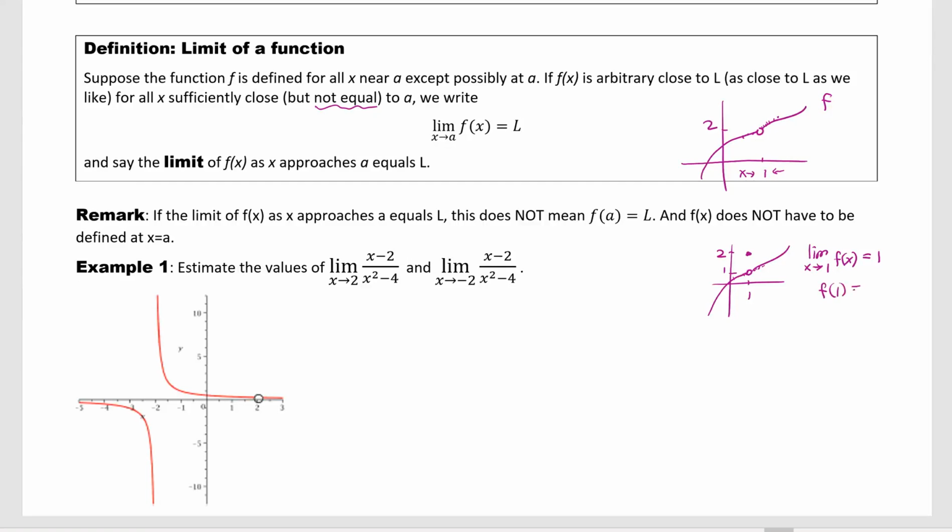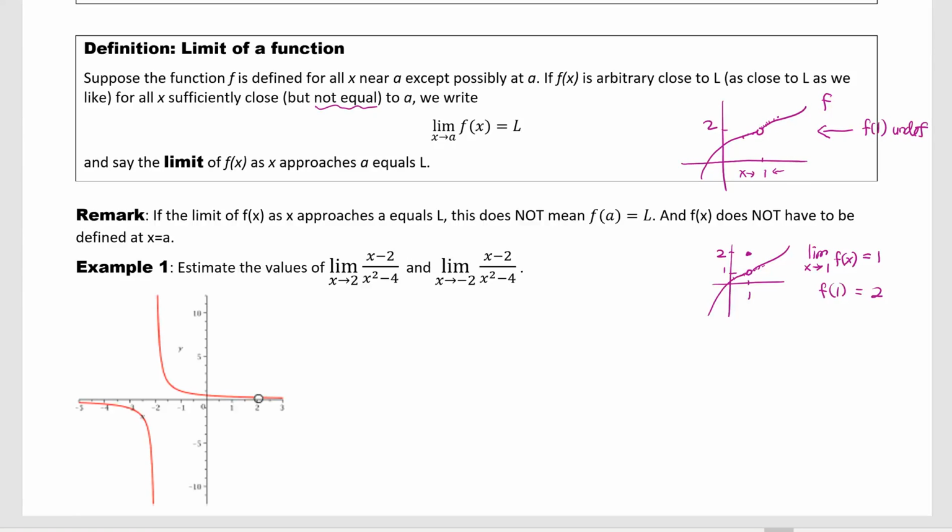However, right at f of 1, y at x equals 1, you can see here we have an open circle, but here we have a solid circle, so f of 1 equals 2. So far, so good, everybody? And if we have this picture, then f of 1 is not defined, so undefined. For limits, we just need to know the information near that point, but not exactly that point.